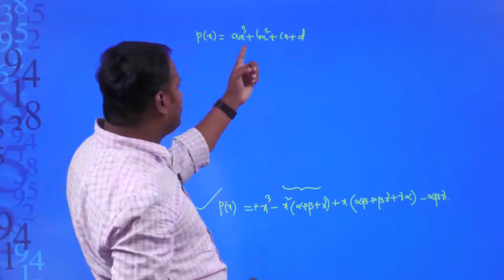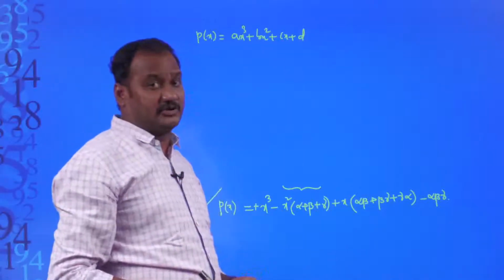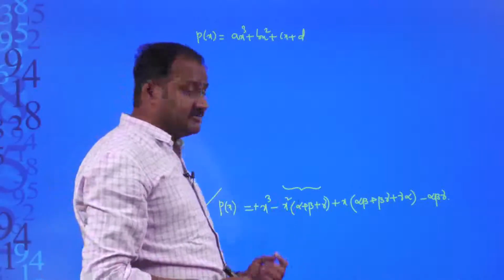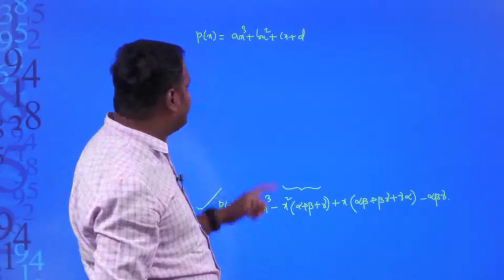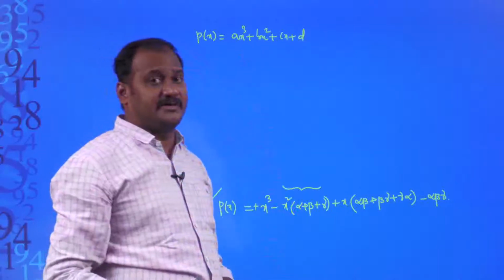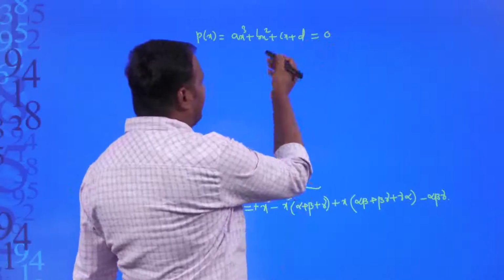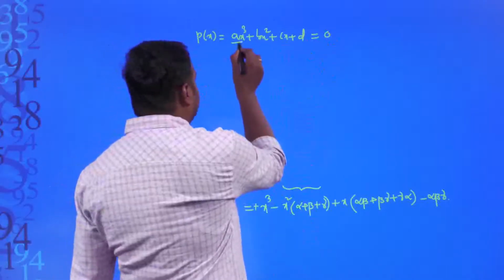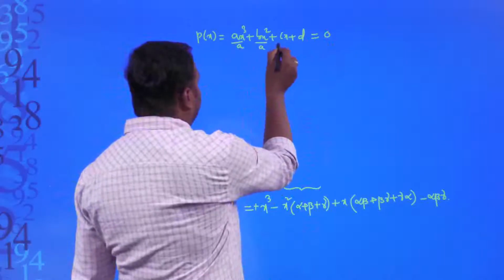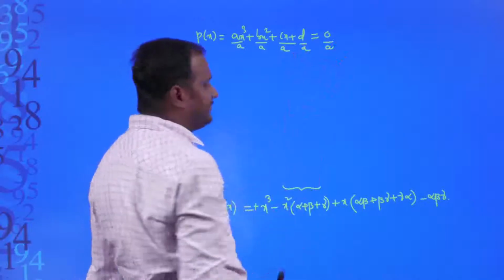And now you will have to compare the standard form of a third degree polynomial with this third degree polynomial obtained by taking the zeros alpha, beta, gamma. For that, the coefficient of x cube should be 1. For that, you will have to equate this with 0 and then divide every single term by a, so that this is by a, this is by a, this is by a, also 0 divided by a.